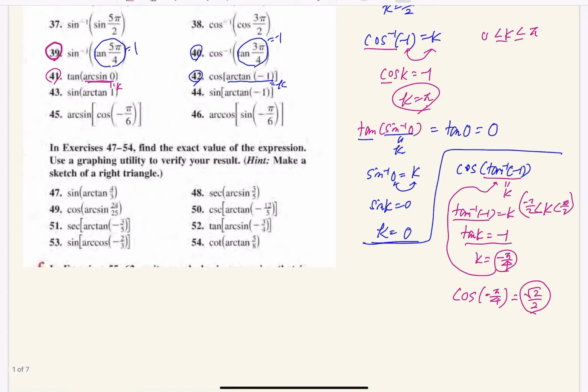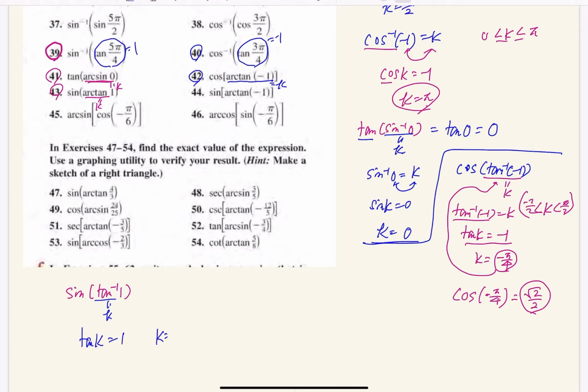Next, 43. Sine arctangent 1. Arctangent is an inverse expression, so set up k for that. Tangent inverse 1 is equal to k, right? So tangent k equals 1. Switch x and y.